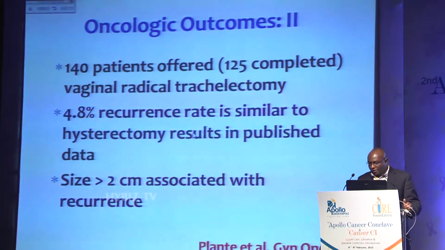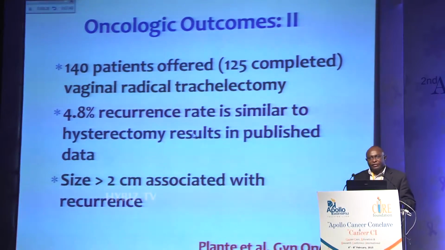Here is another study by the group from Quebec, where 140 patients were offered vaginal radical trachelectomy. Their recurrence rate is approximately 5%. And as I earlier mentioned, the most important parameter that is associated with risk of recurrence is the size of the primary tumor when it's greater than 2 centimeters.